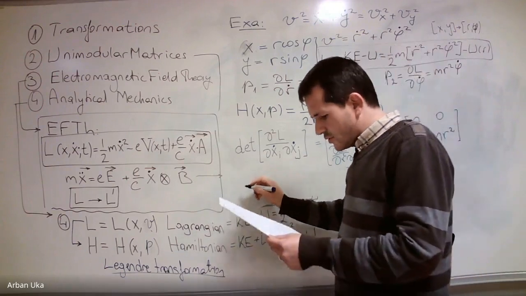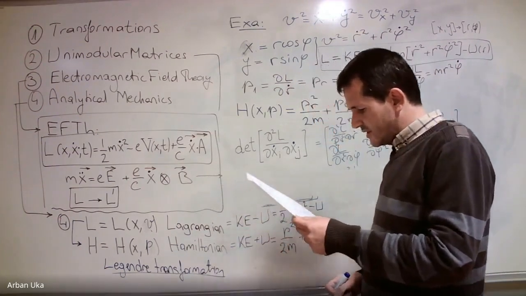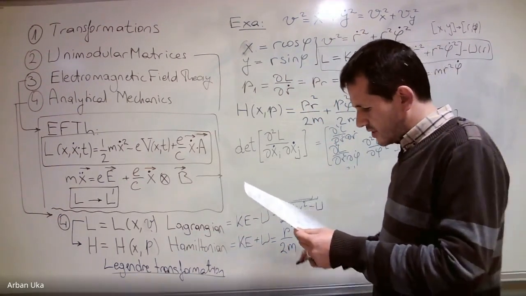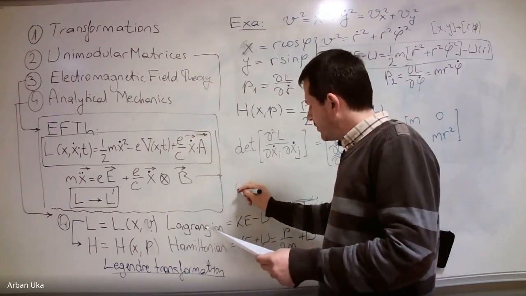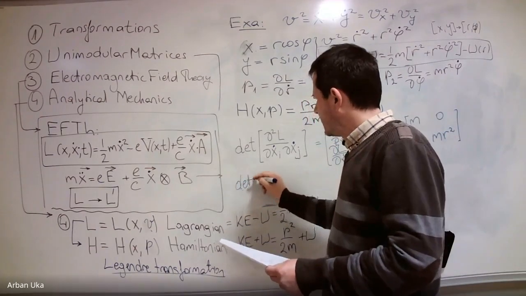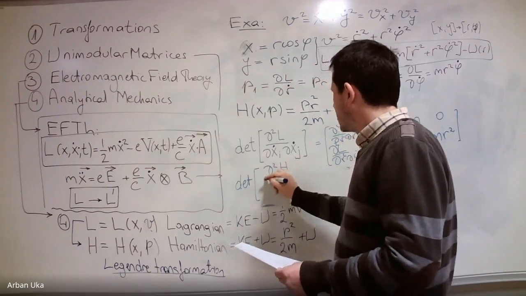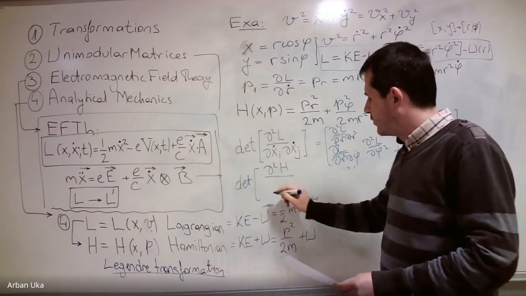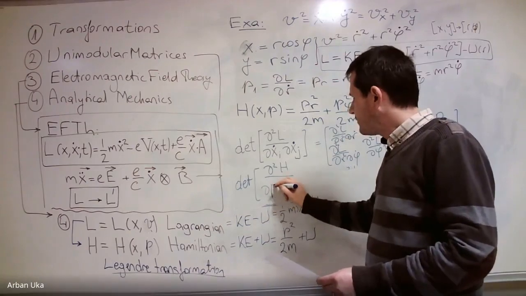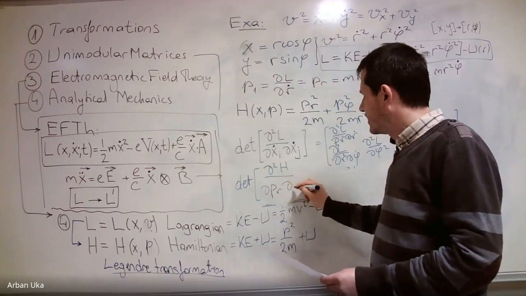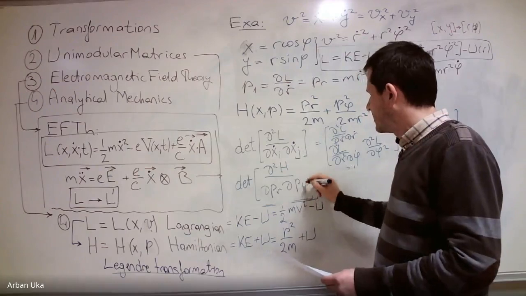Now we can also draw a similar notation, where we want to see the determinant of the second derivative of the Hamiltonian. This will be with respect to delta p_r and delta p_phi.